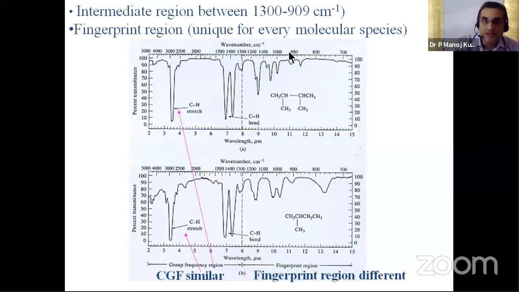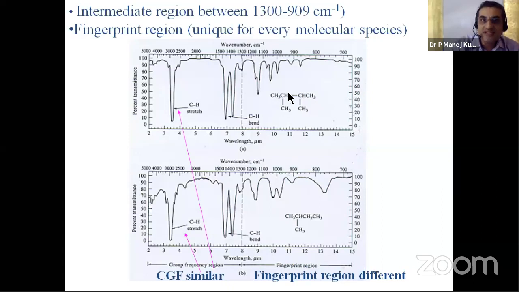But if you carefully analyze this short region between 650 to 900, in both the cases you will see a typically different spectrum, because this region represents the skeletal vibration of the molecule as a whole. And this is how this particular region can be used for distinguishing between structures.